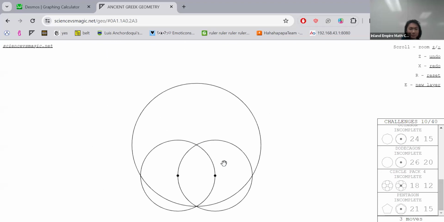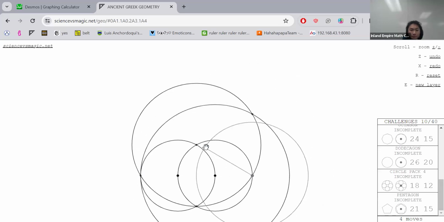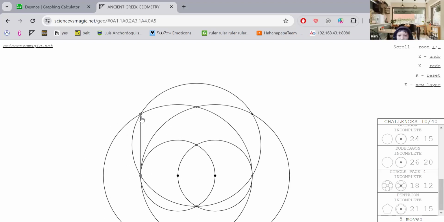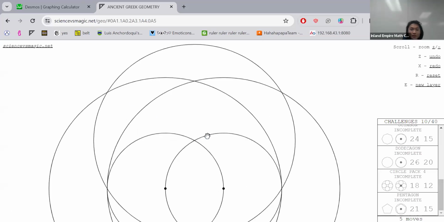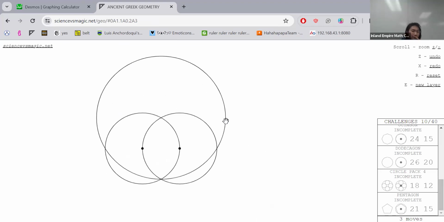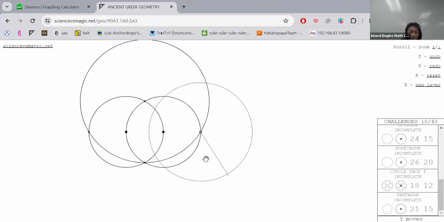Pentagon. Dang. It's gonna be tough. Yeah, that's not Pentagon. So for Pentagon, we need five different points around that circle. That's gonna be pretty hard. Let's take a look.